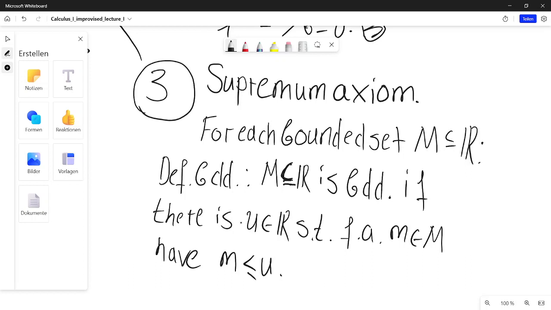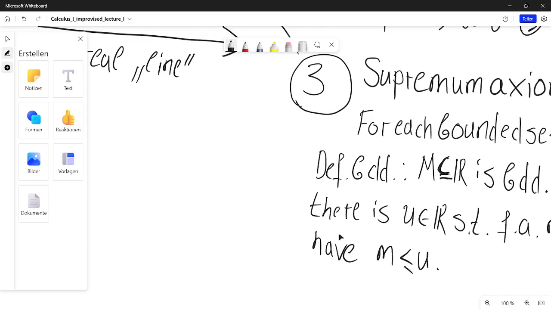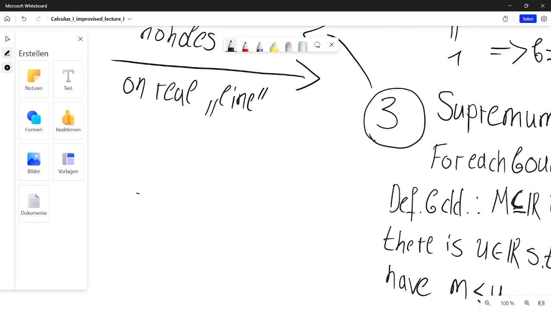All right, so this is the definition of boundedness. There is just some number for which all elements in M are smaller or equal. As examples, think of a set of some distinct numbers.